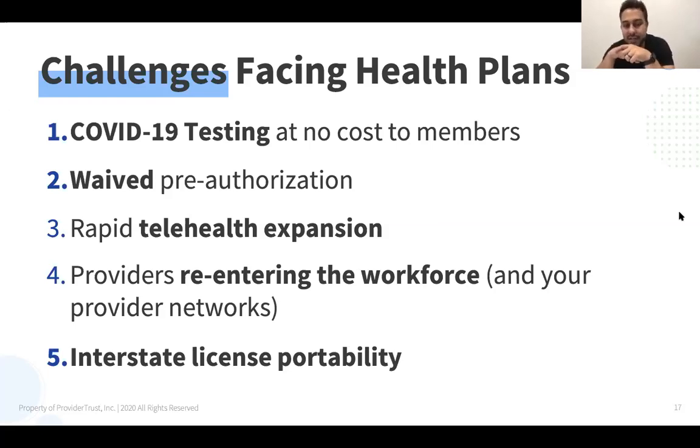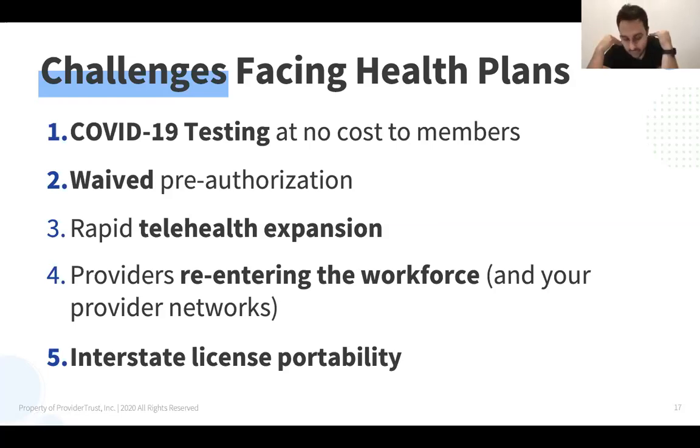Waived pre-authorizations, rapid telehealth expansion, which is here to stay, and providers re-entering the workforce and your provider networks and your claims workflows is a big one that we've seen. And then interstate license portability, just to name a few, keeping up with all of the regulations as relates to these non-pars. How do you ensure non-par provider claims accuracy at time of claim to prevent leakage later?